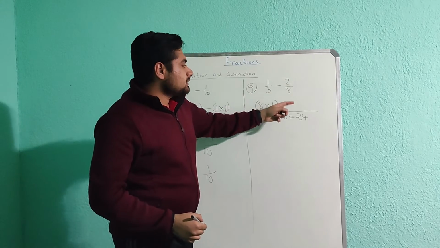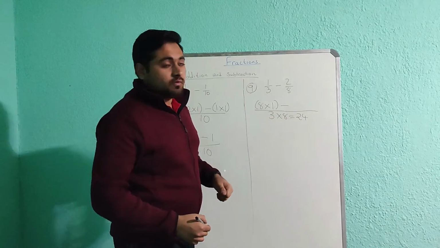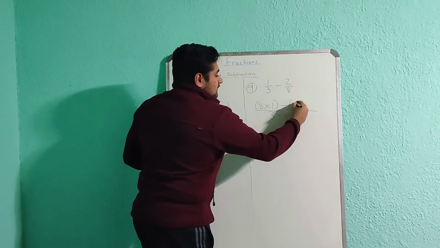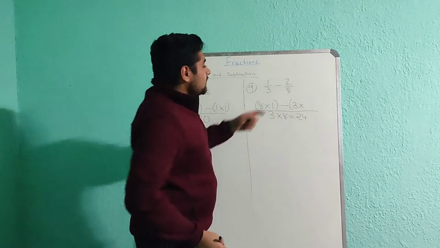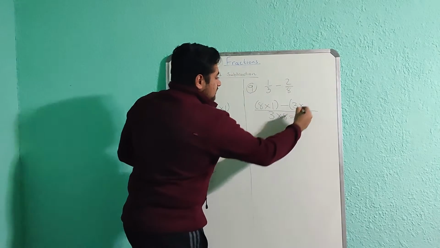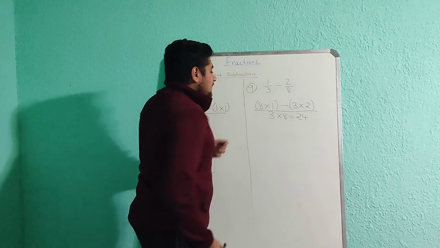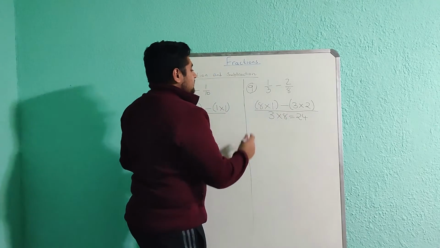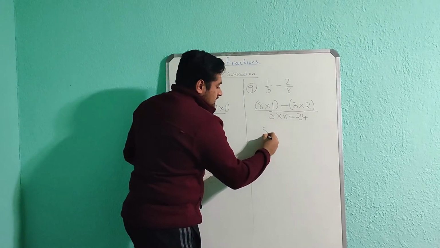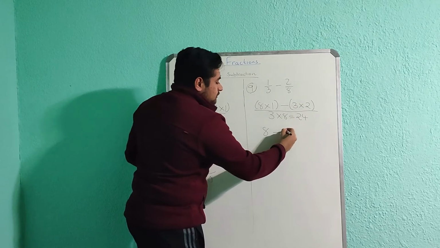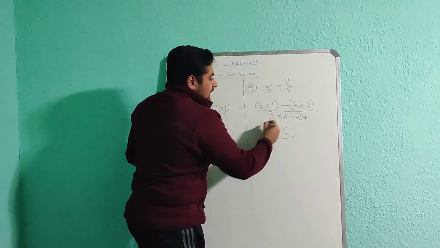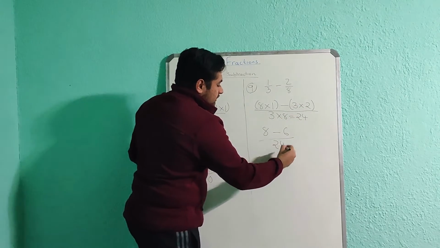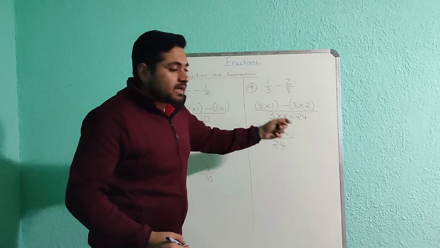Now how many times does 8 go into 24? That is 3 times the numerator of the second fraction, 2. So now we solve the multiplication in the numerator. 8 times 1 is 8, minus 3 times 2 is 6, and 24 is our common denominator. Now what is 8 minus 6?